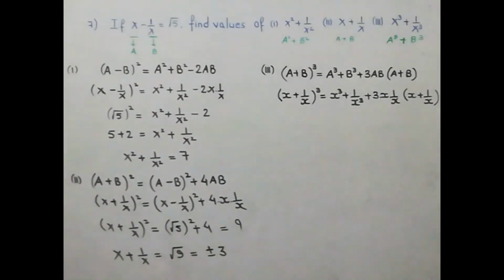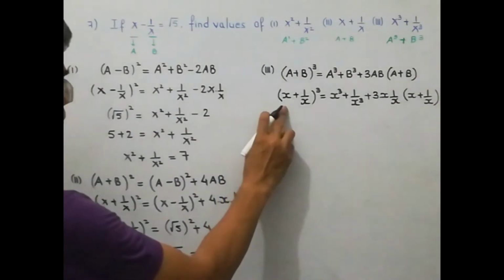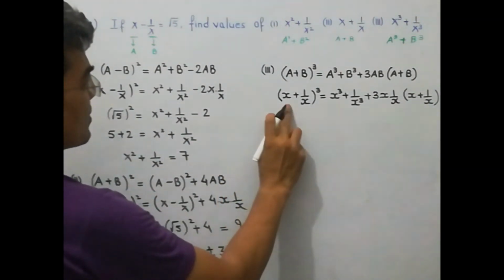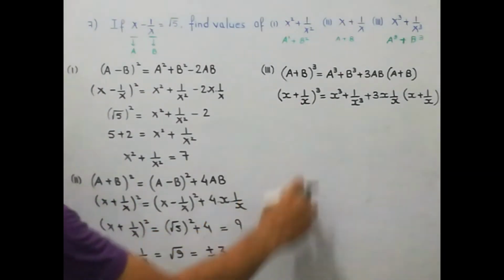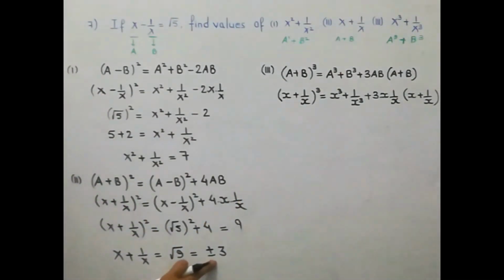Here we have applied a has been replaced with x and b has been replaced with 1 upon x. And now we will be substituting values in this. So here your x plus 1 upon x, that we have already calculated, it's plus minus 3.